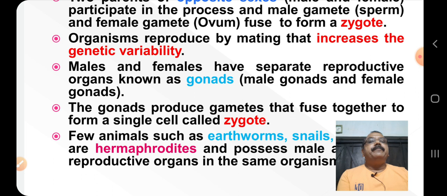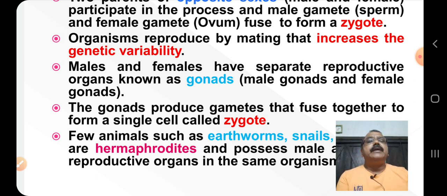The males and females possess male and female gonads. The male produce sperms, the female produce ovum. These unite by the process of fertilization to form the zygote.